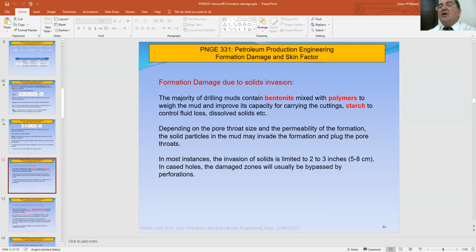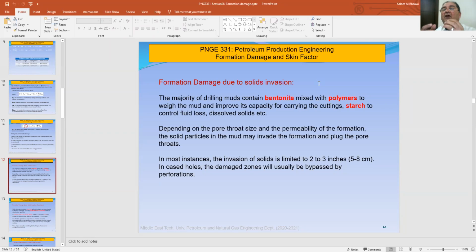What we have is water, bentonite, barite, some of the polymers, as I said, for the viscosity enhancement, for the carrying capacity, and of course some of the starch for the fluid loss control.